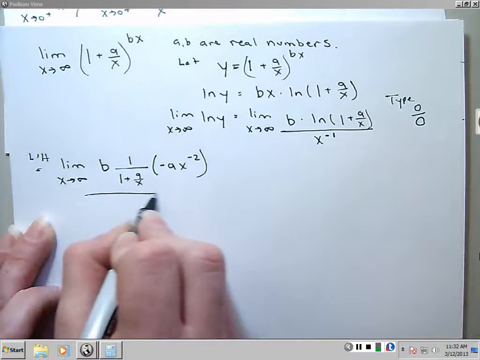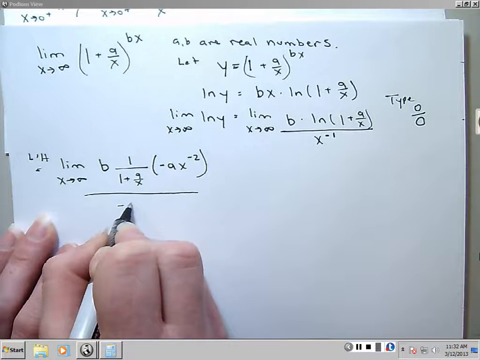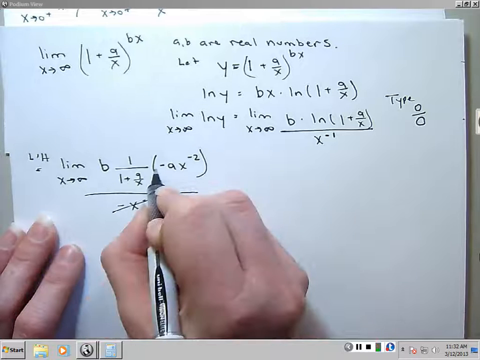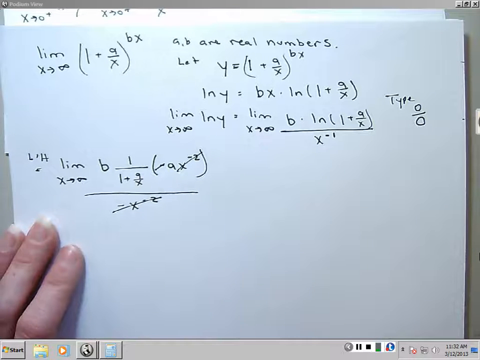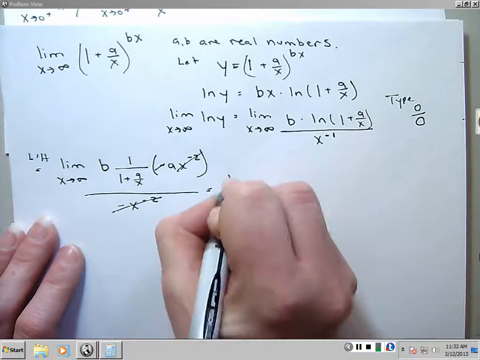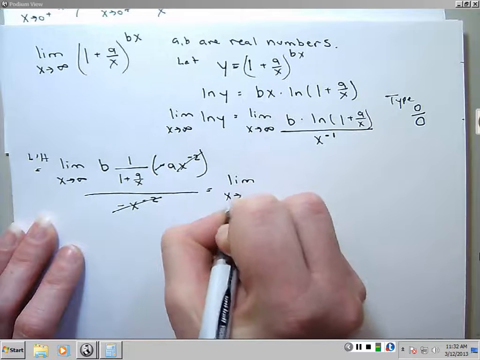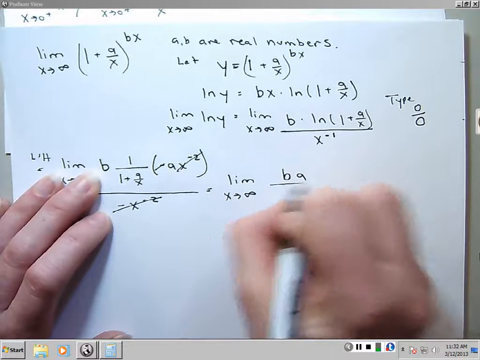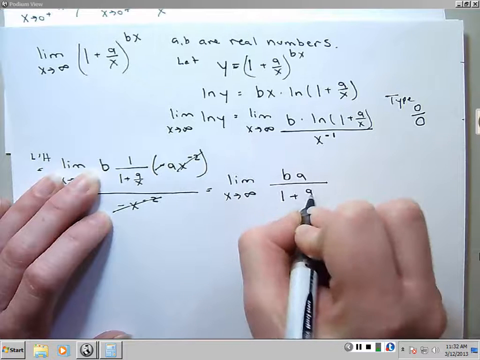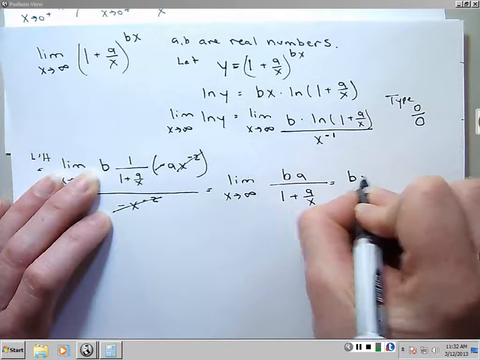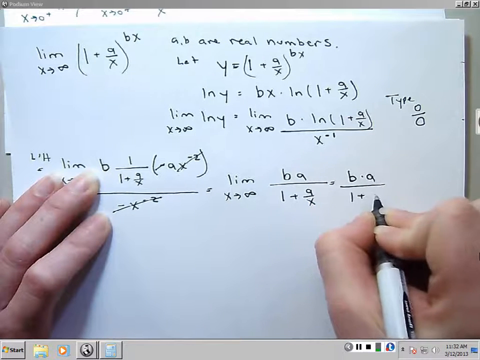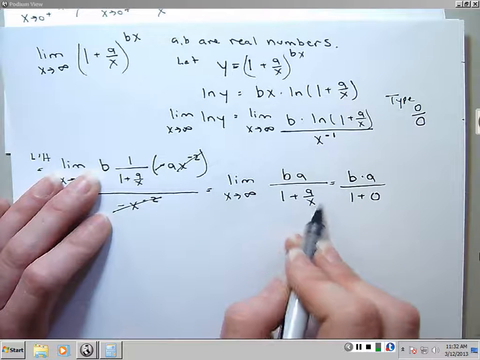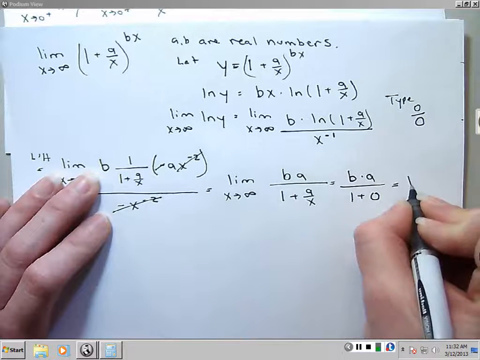And the derivative of the bottom would be minus x to the minus 2. Nice that the negative cancels and the x to the minus 2 cancel. So what do I have left? I have the limit as x goes to infinity of ba over 1 plus a over x. So that's b times a over 1 plus 0, because x is going to infinity, so a over x goes to 0. So I get ba.